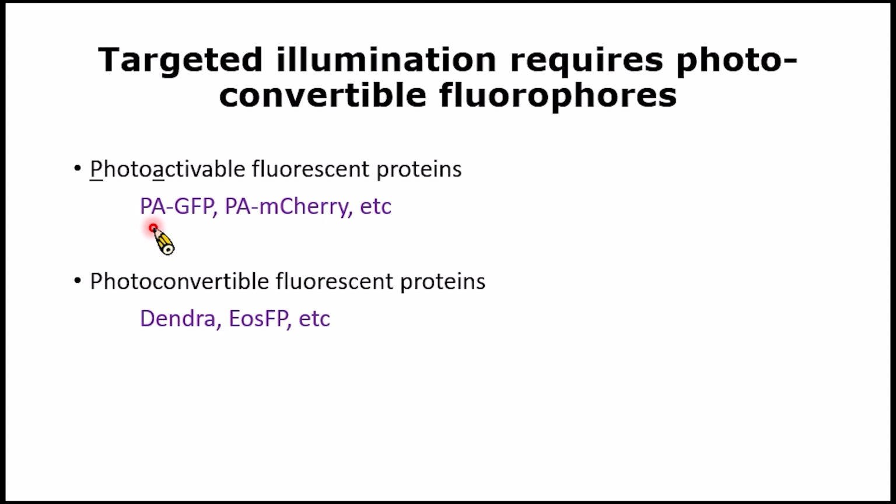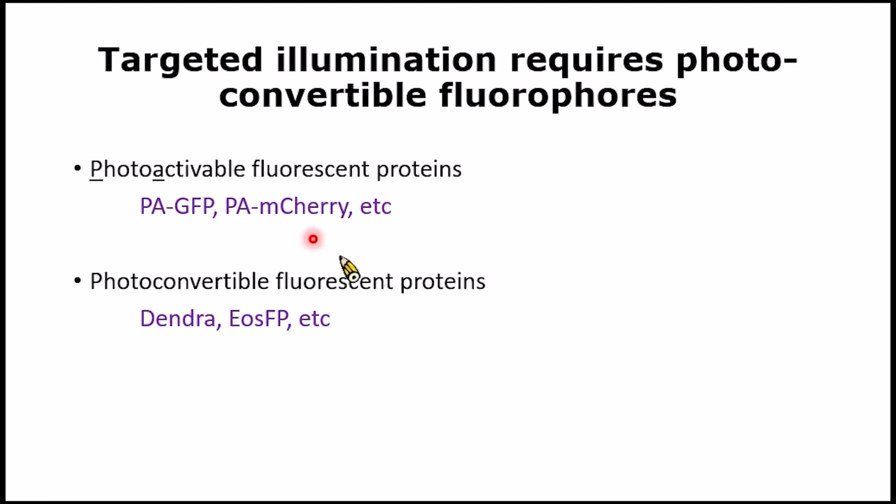For example, the PA-GFP is a GFP variant that won't glow if you just shine a normal light on them. But if you shine a specific wavelength of blue light or UV light, then you will start to receive GFP's fluorescence. Similarly, the PAmCherry would give you a red fluorescence if you activate those.